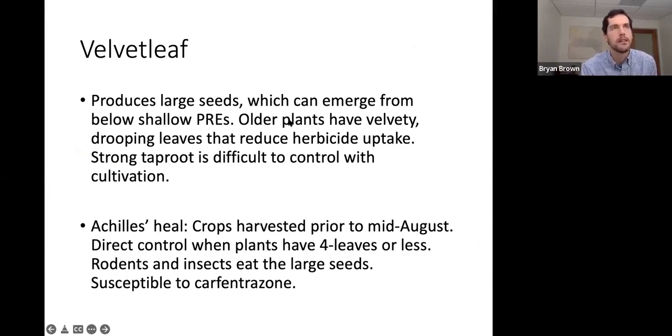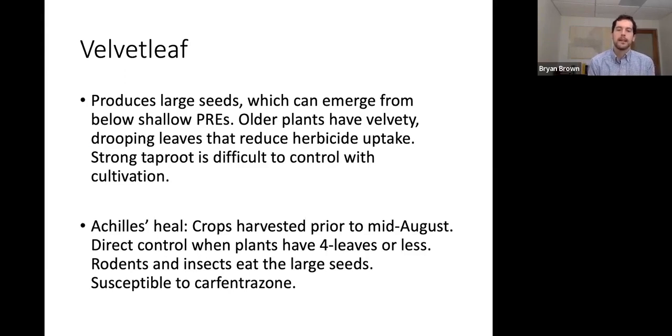So it can be difficult if you're just relying on pre's. And then, of course, when it gets older and it gets that velvet on it and the leaves are drooping, when you spray it with herbicide, it'll just run right off. So the uptake isn't very good. And then it has a strong taproot, so it's difficult to cultivate.